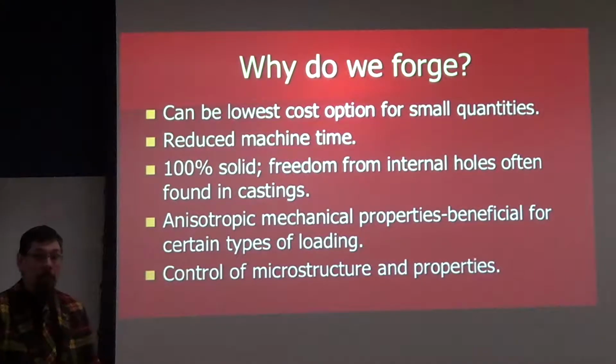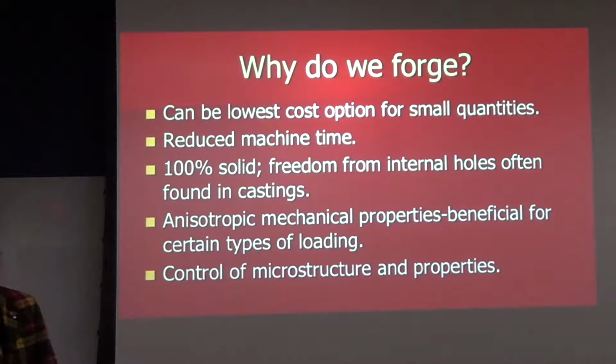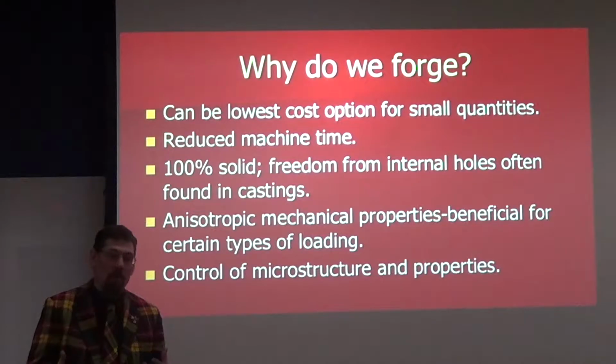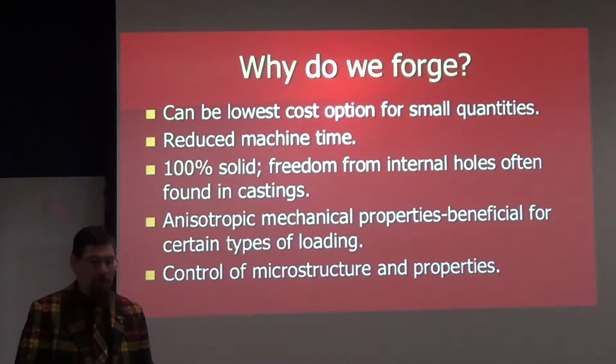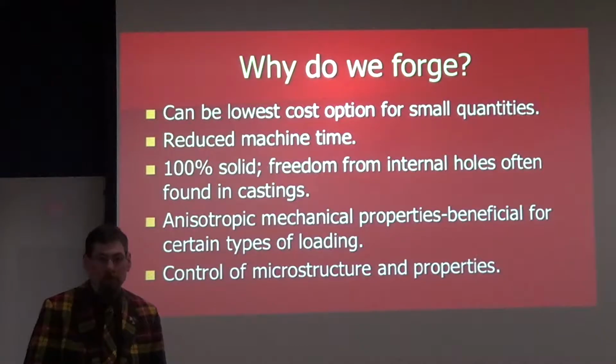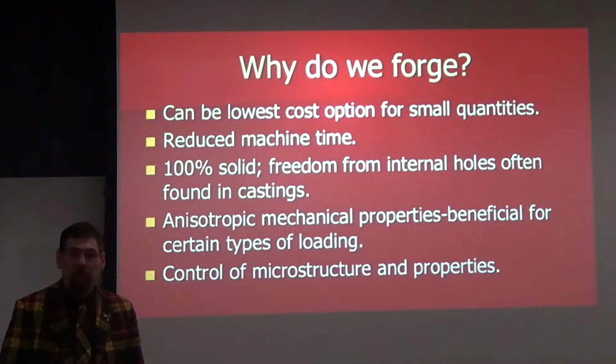What are you guys quoting out machine time at? I'm not sure, it's over $100 an hour, probably more like 100 and something. Yeah, each production process has its own cost associated with it. But overall, if you were to look at the overall cost of manufacturing, that's probably somewhere in the ballpark.